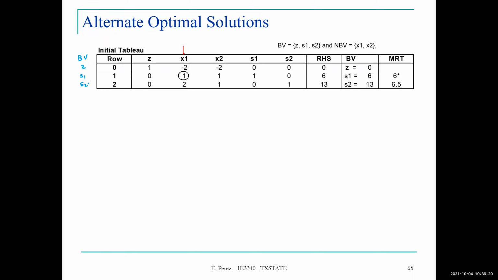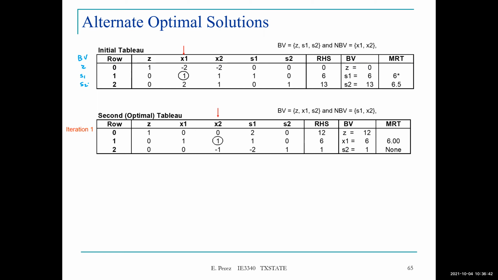So after iteration 1, X1 entered, and we found the optimal solution. If you look at row 0, there's no negative coefficient, so that means that we have the optimal solution. However, you remember from our previous slide, we look at the non-basic variables, which are S1 and X2. The non-basic variables are the ones that are not in this column.